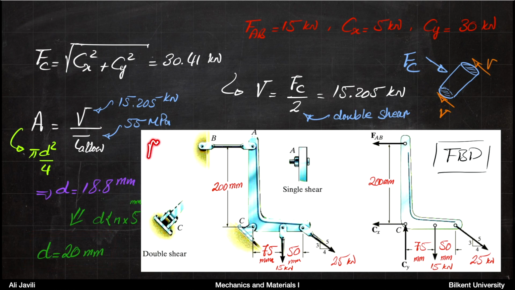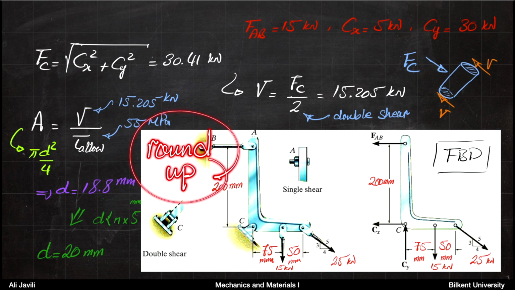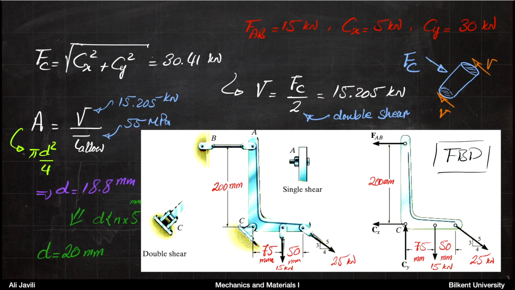So important is that here you need to round up. It's not just finding the approximate value close to the calculation, it's also important that you always round up in such cases. So even if you have calculated D, for instance, to be 16.2 millimeter, to find the closest 5 millimeter pin, you should not round it down to 15 millimeter, obviously.